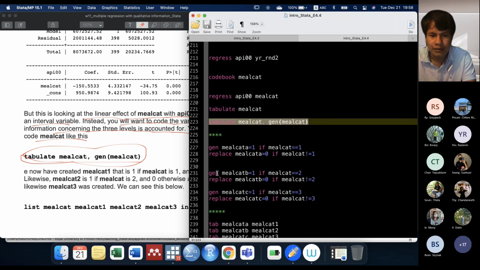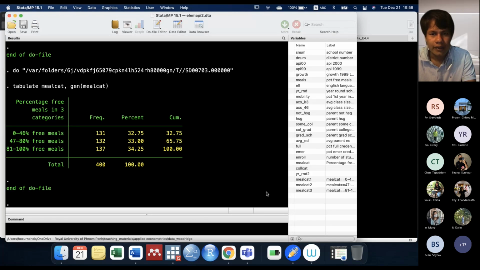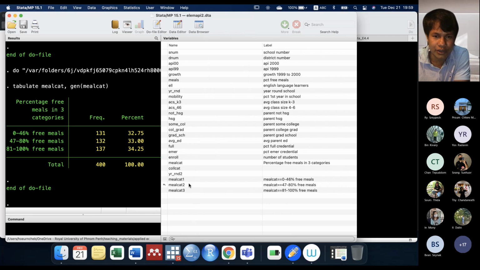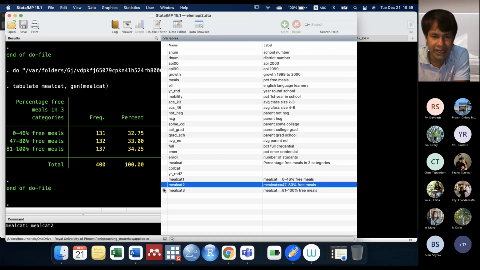Run. After you run the command, you should see 3 new variables here: Meerkat 1, Meerkat 2, Meerkat 3. Can you find them in your variable window? Now we have 3 meerkat variables.